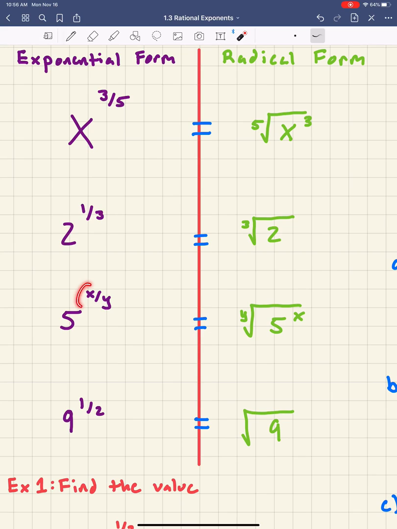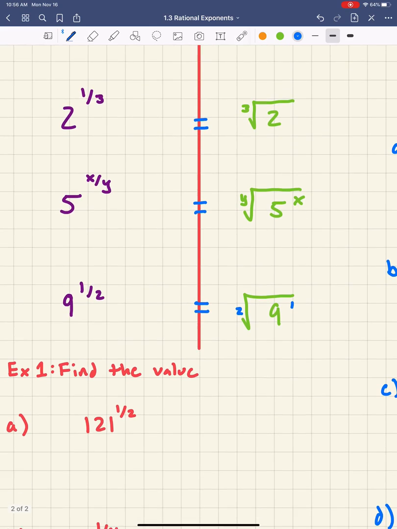And the numerator just hangs out there still as an exponent. For the last one, we had 9 to the 1/2, so this became the square root. Remember, we don't usually write the 2 when it's a square root, but I could if I wanted, and that's just 9 to the 1st power, which we also don't have to write. Hopefully we're seeing the pattern as we go from exponential form to radical form.